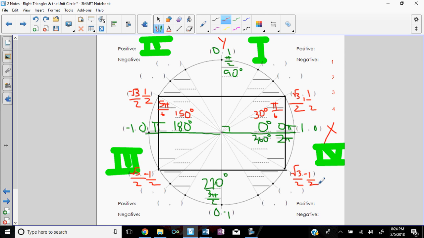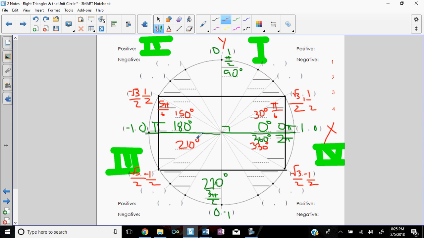Okay, so that gives me the ordered pairs, but it doesn't really help me with the angles. So again, I'm just thinking that these 4 points are 30 degrees away from my horizontal x-axis. So if this is a 360-degree angle, this must be a 330-degree angle. And if this is 180, this is going to be 30 degrees more, so this is going to be a 210-degree angle.